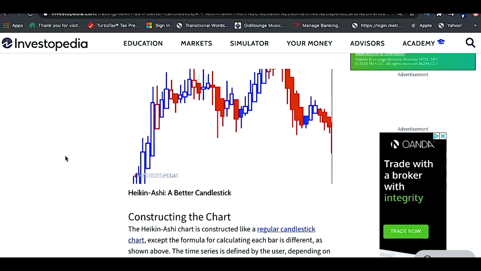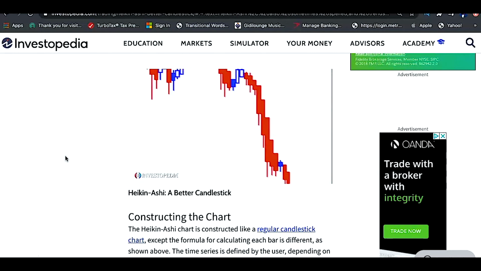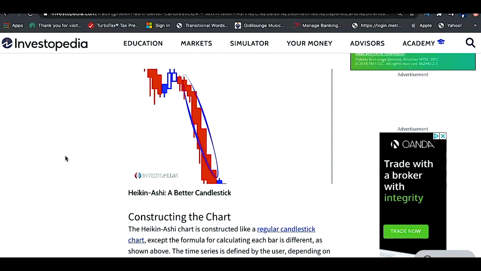When upper and lower shadows surround one small candle, it indicates a trend change. Risk lovers might buy or sell, while others will wait for confirmation. Filled candles indicate a downtrend and mean that it's time to add to short positions and exit longs. And filled candles with no higher shadows indicate a strong downtrend. Stay short until a new trend appears.